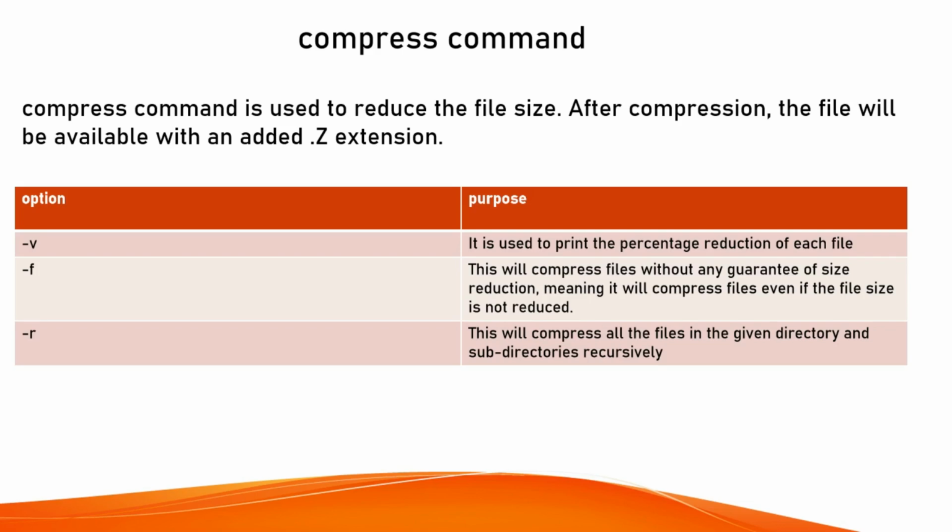Minus F, it will compress the file, but it does not give a guarantee of the size of reduction, whether it will be able to reduce the file size without compromising anything. Minus R is used to compress all the files in a given directory and its subdirectories recursively.